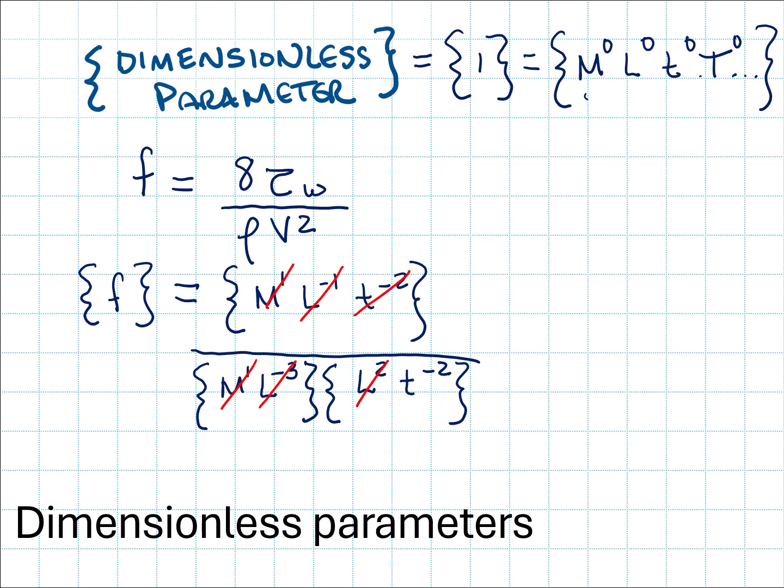And then finally, my 2 time to the power of -2 are going to cancel one another out, leaving me with a primary dimensionality of my Darcy friction factor of mass to the power of 0, length to the power of 0, time to the power of 0, or dimensionality 1, proving that my Darcy friction factor is indeed dimensionless.